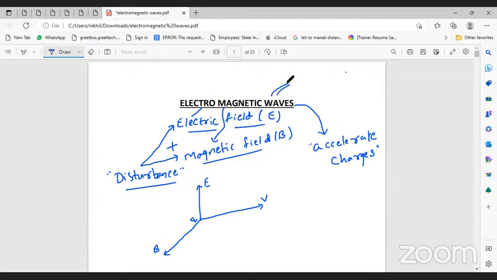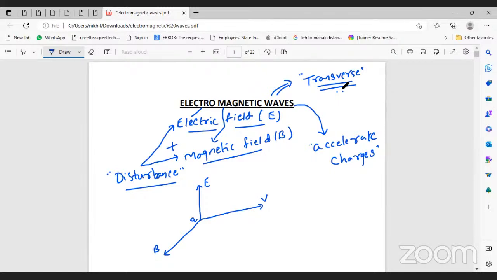Because of that reason, these electromagnetic waves are considered as transverse waves. So electromagnetic waves are transverse in nature. In order to create the electromagnetic waves, you have to apply both electric and magnetic field.